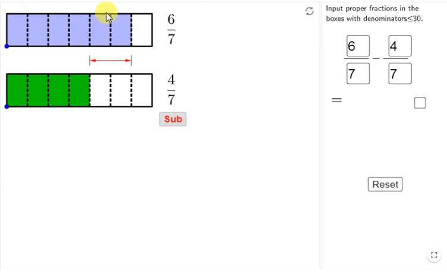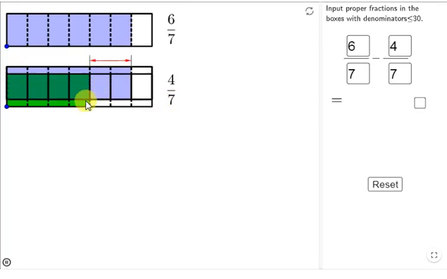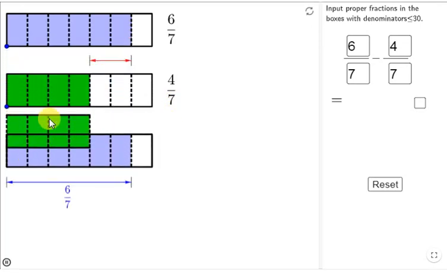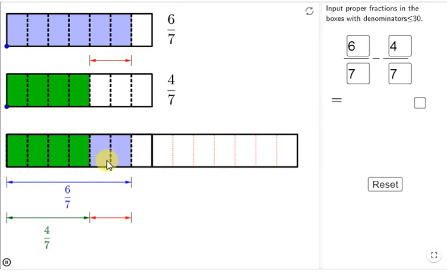So this is 6/7 and this is 4/7, 4 shaded parts out of 7 equal parts. Now subtraction means you need to take away. You have this blue part and you take away this green part from it, so you will be left with only this part.